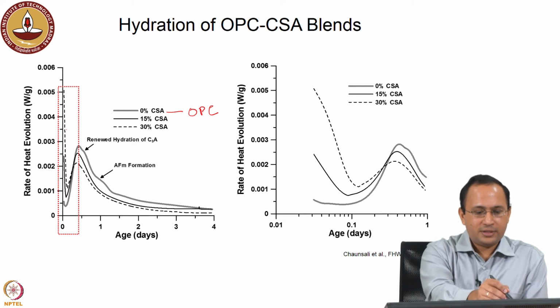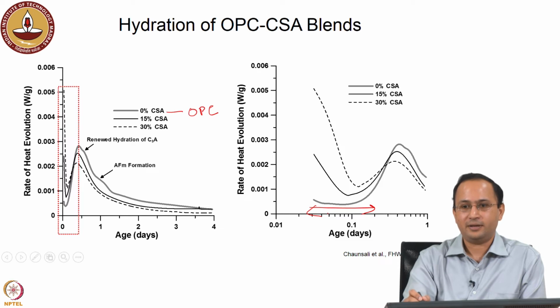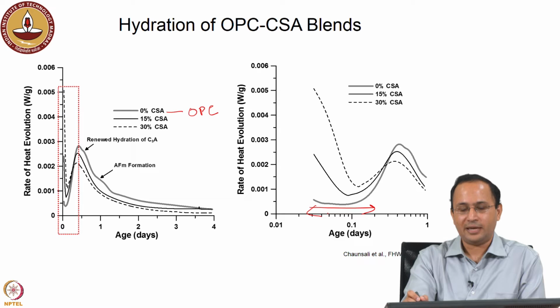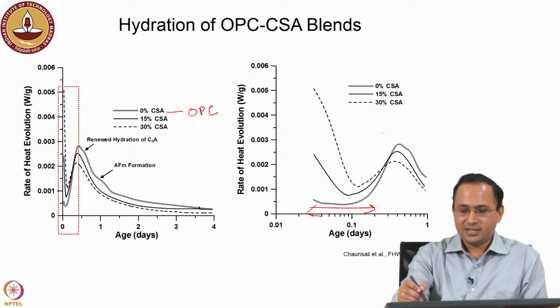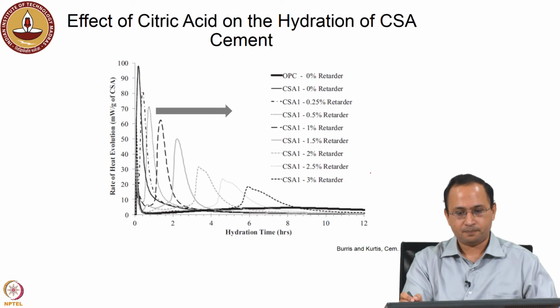If you zoom into this region, in the early few hours, we see that in OPC there is a dormant period, right, which is very useful when you have to transport the concrete; it buys some time. But in the cement where you have CSA, you have a shorter dormant period, right. Again, in the study no chemical admixture was used, and as you increase the amount of CSA, we can see it further reduces the dormant period.